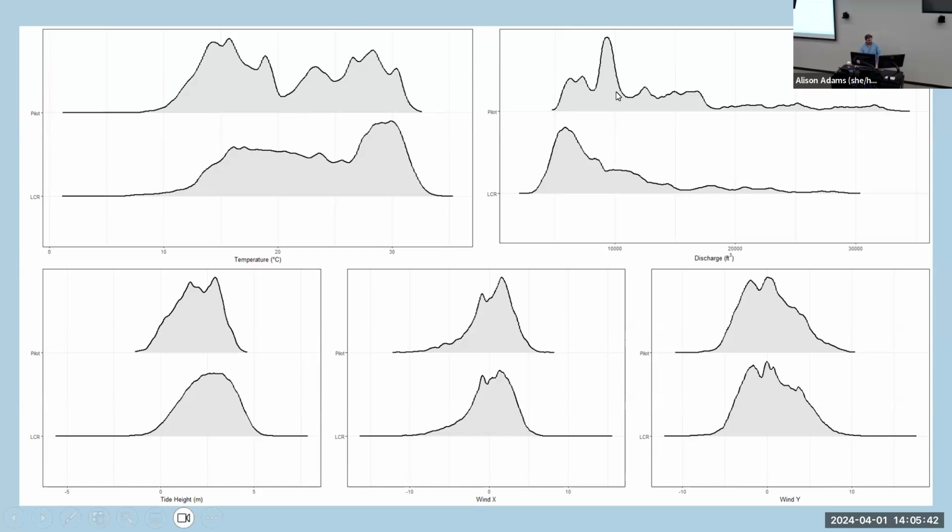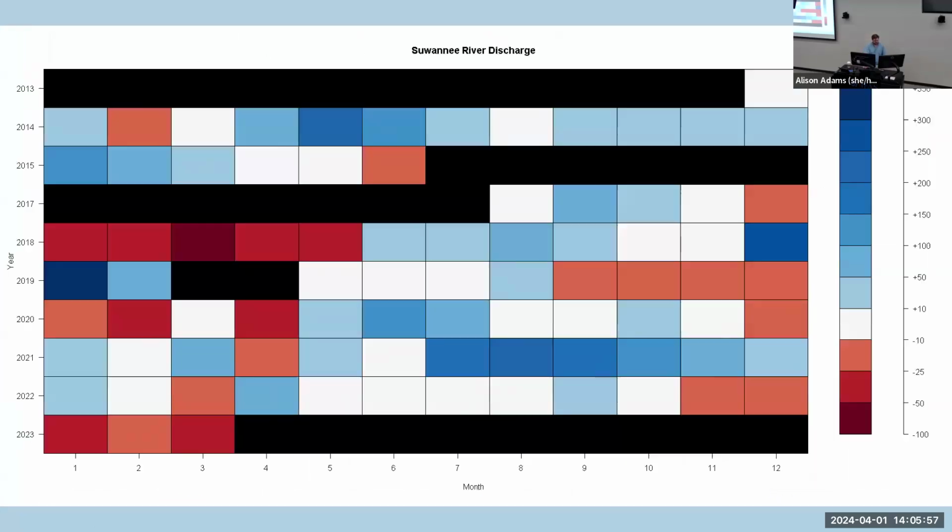And then for the discharge, we actually do see consistently higher discharge during our pilot project time period as compared to the Lone Cabbage Reef restoration. And so given the fact that we know discharge is linked to salinity in a strong way, it was important to look further into this discharge. And so here I have just the overall heat map of the discharge levels from the pilot project and the Lone Cabbage Reef restoration.